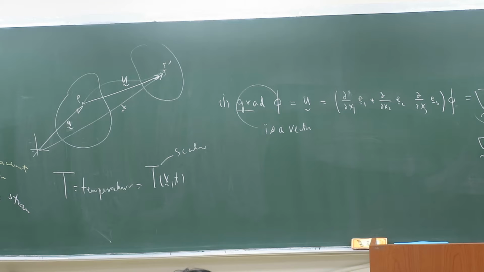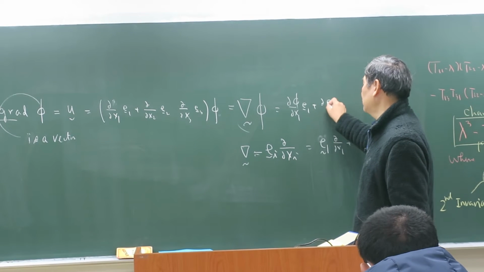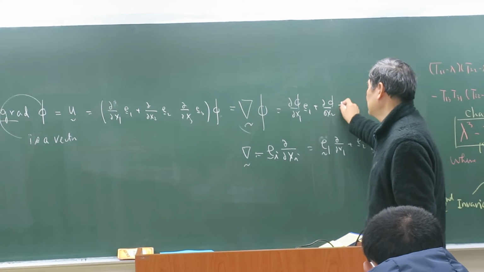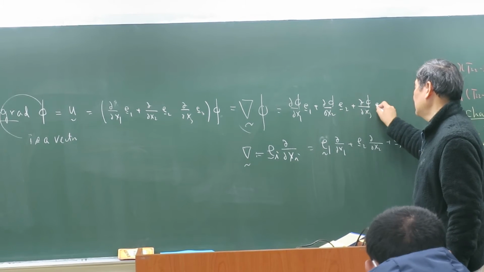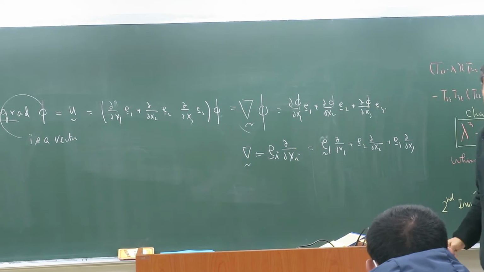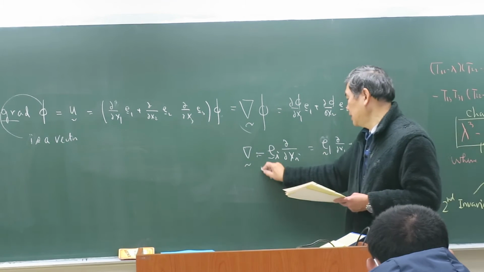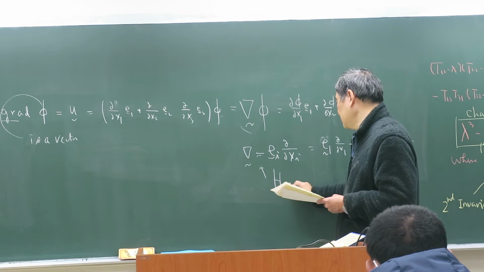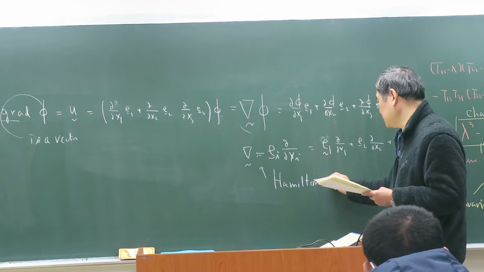So this means partial phi partial x1 e1 plus partial phi partial x2 e2 plus partial phi partial x3 e3. We call this the gradient. And this is called the Hamilton operator.